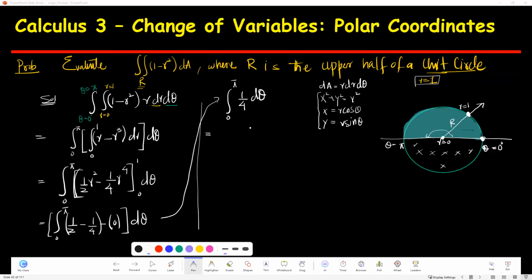Okay, now if you take the integral, it's going to be 1 over 4 theta from pi to 0. Here what we're going to do, we're going to substitute the values. So 1 over 4 pi minus 0, we solve further, is going to be pi by 4. That's my answer.